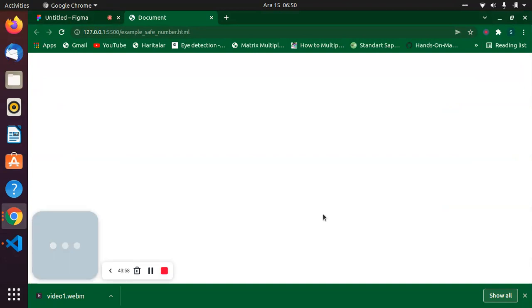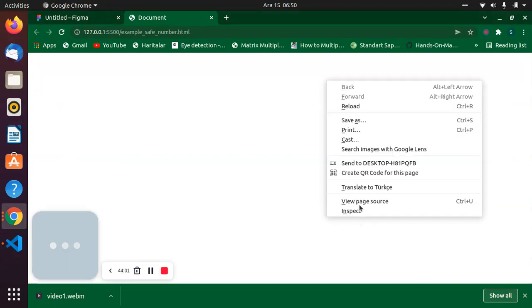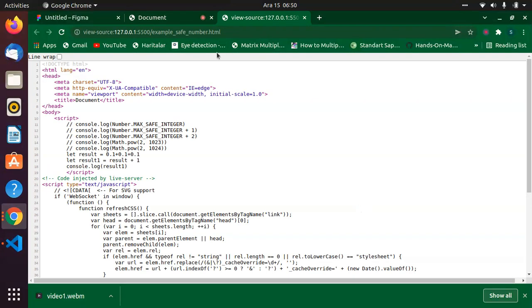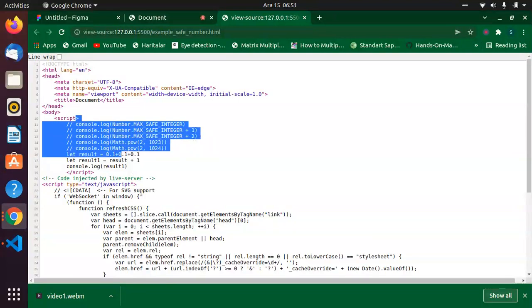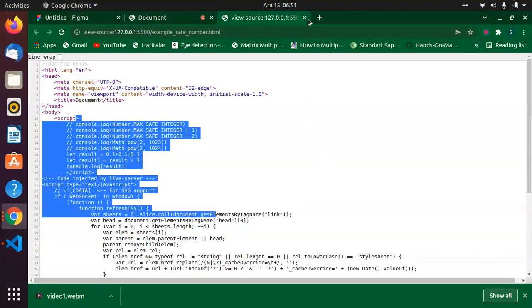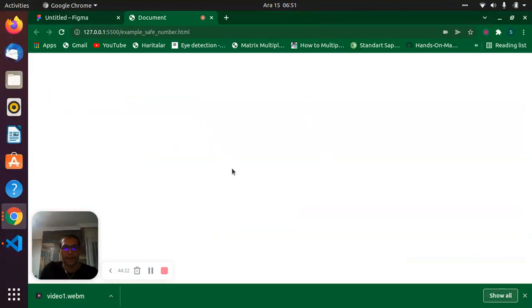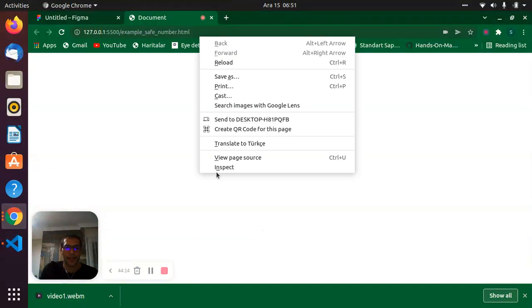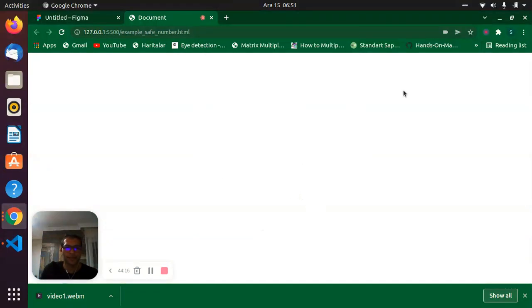Just say inspect. Oh no, it's not that. But anyway, you can also see our codes. I told you this later; we will speak about programming. Let's come and say inspect. I want to show you this thing also.